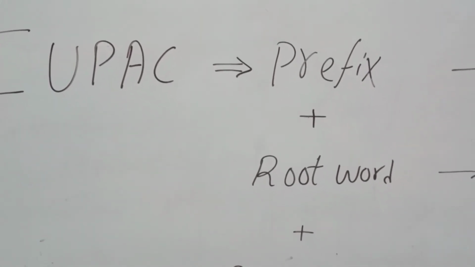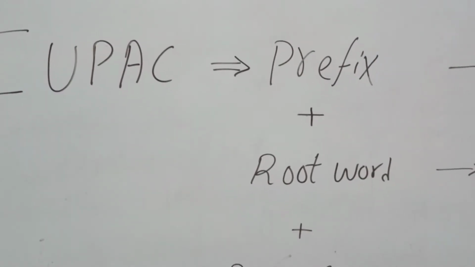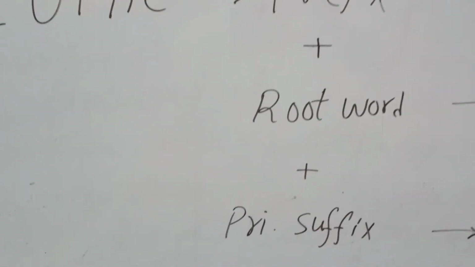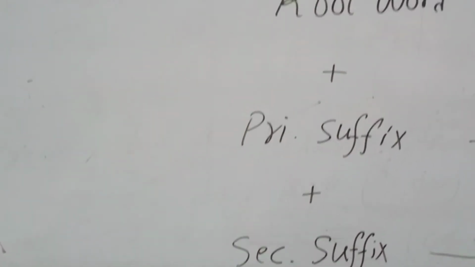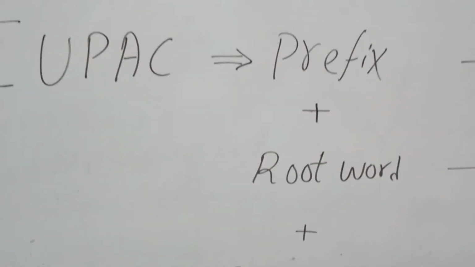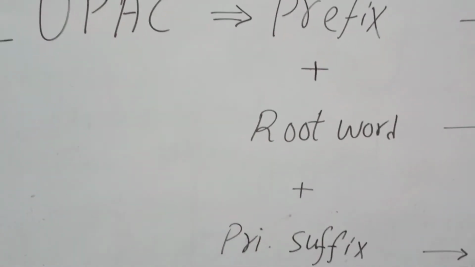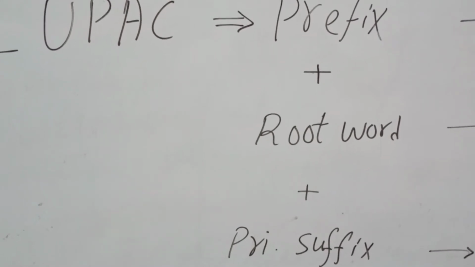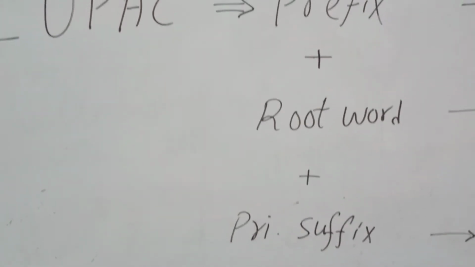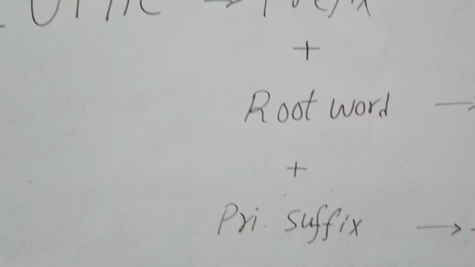Further, a root word, then a primary suffix, and finally a secondary suffix. So these are the four components which are present in the IUPAC nomenclature of an organic compound.